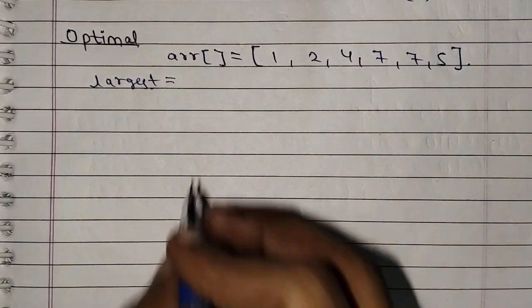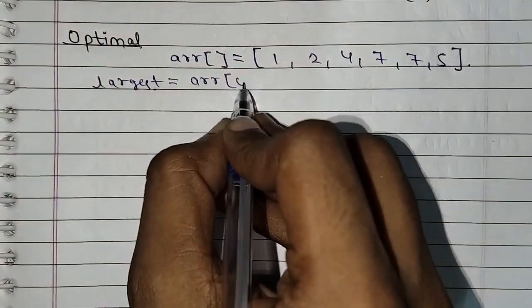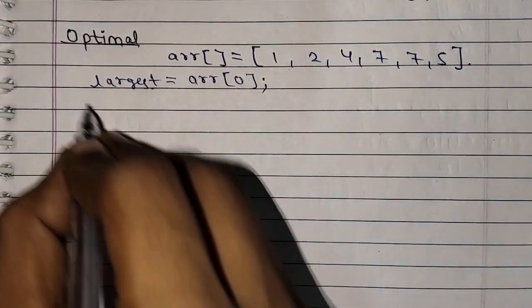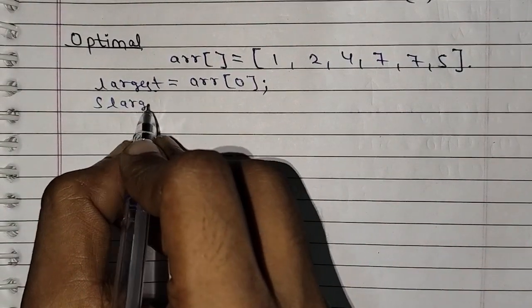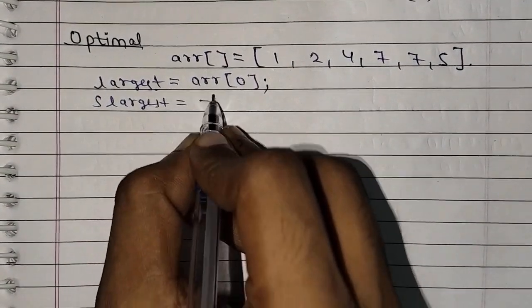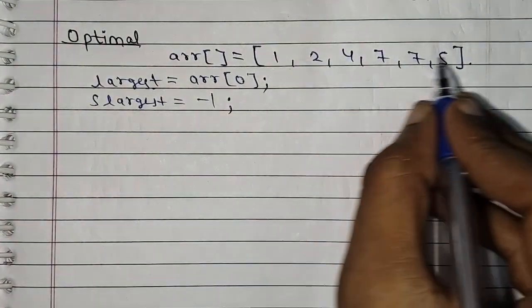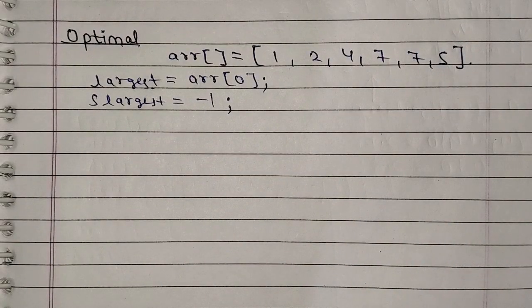We are supposing that largest element is arr[0], and the second largest is -1 because there is no negative in this array. If any negative element is also present, then you use int minimum, int min.